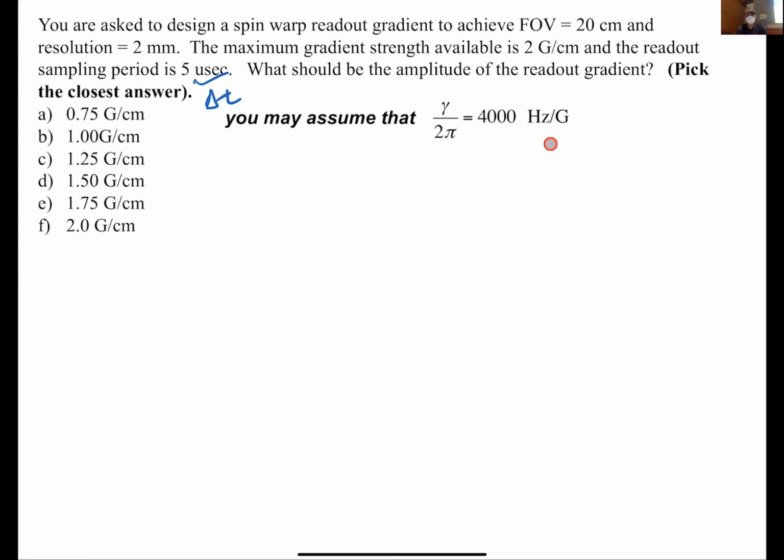When it says pick the closest answer, that just means the correct answer may not actually be there, so just pick the closest one.